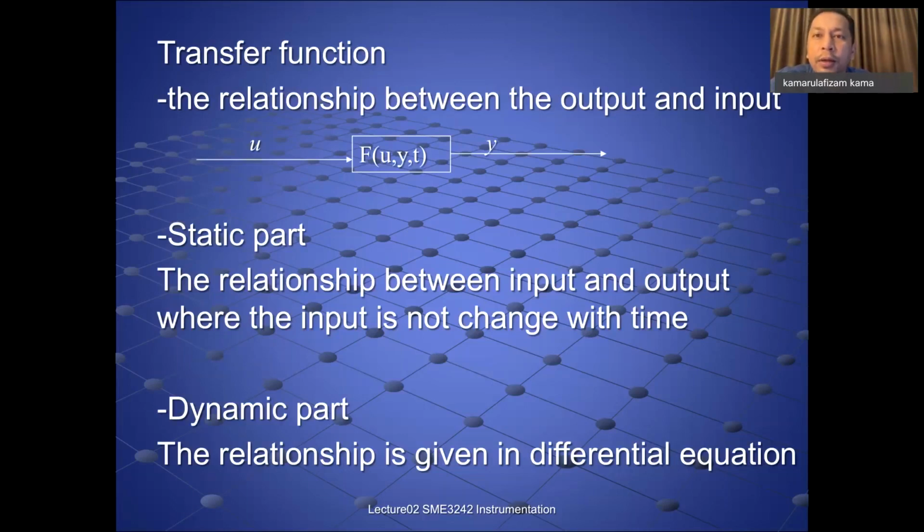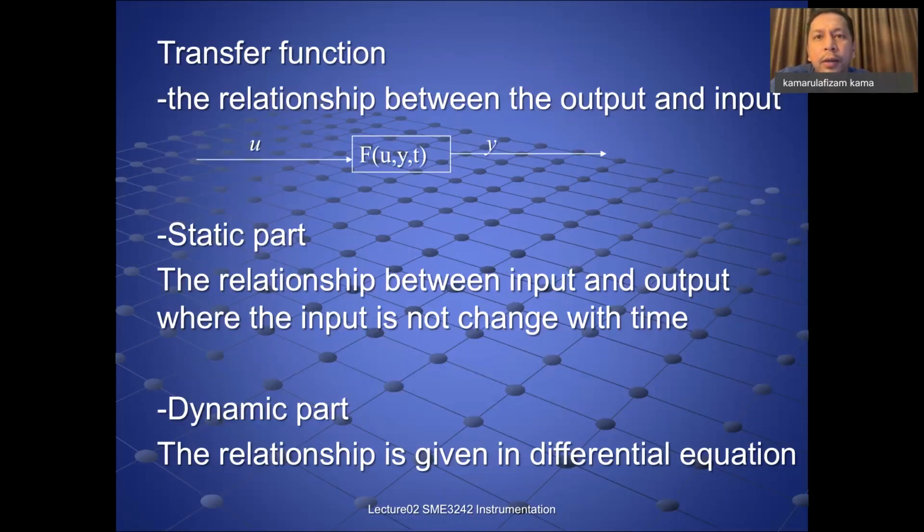In the diagram, U is the input and Y is the output, and something in the box changes U so that you get Y. Basically, it is a mathematical function, a mathematical model, in terms of U, Y, and of course time.